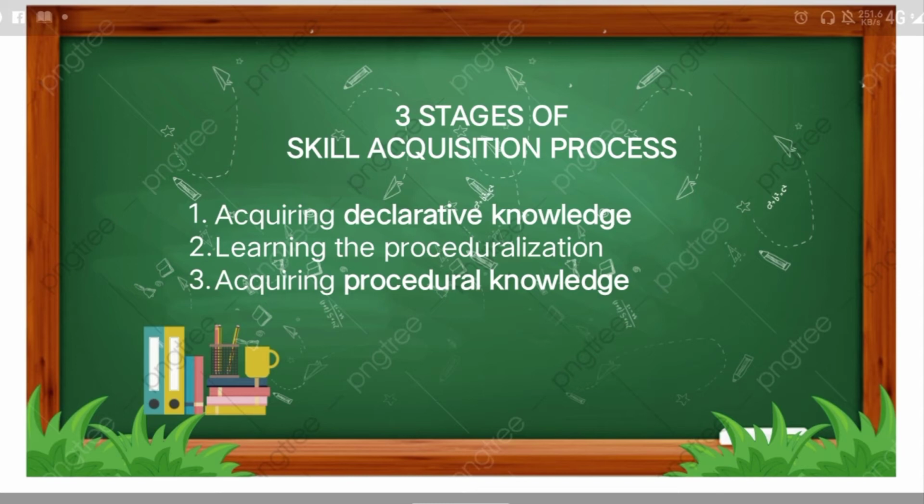So in the third and final stage of skill acquisition, learners might or might not lose declarative knowledge of the rule. So we will finally discuss the relevance of skill acquisition theory in second language acquisition, or SLA.